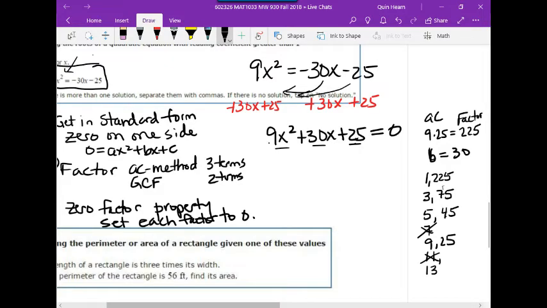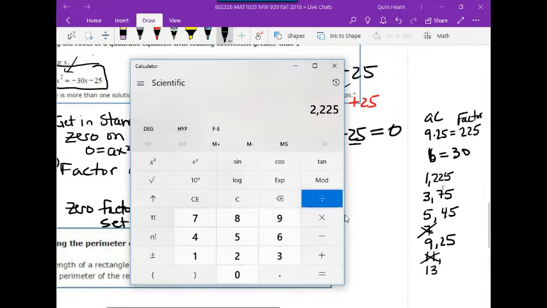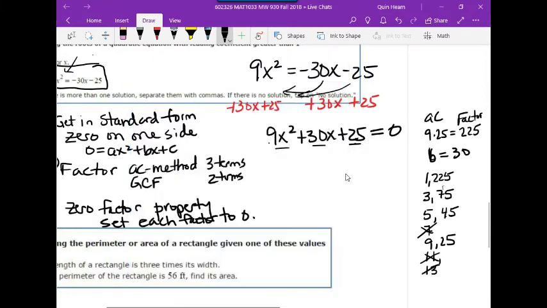Let me check. I'm not sure about that one. 225 divided by 13. Nope. Okay, does 15 go into 225? Yes, it does. It goes in 15 times if you check. All right, and 15 plus 15 does add up to 30. So that's how we're going to split the middle term.